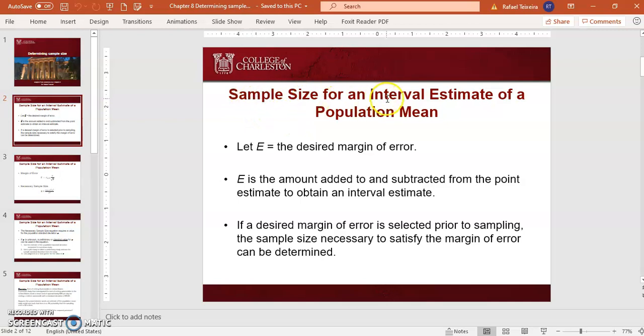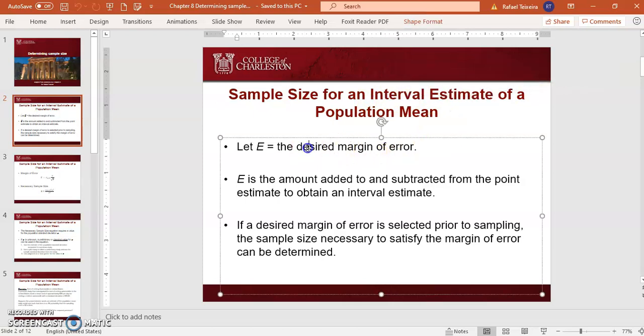So what is the sample size we need for a given interval estimation if we have a specific margin of error? We're going to call the desired margin of error E. It is the amount to add and subtract from the point estimate, the sample mean or the sample proportion, to obtain an interval estimate.